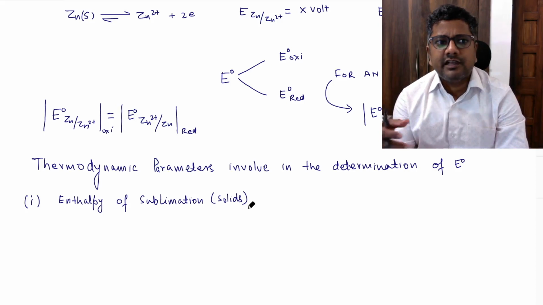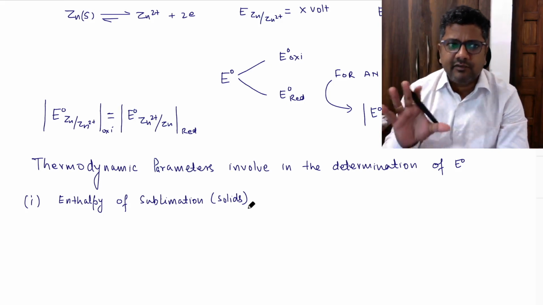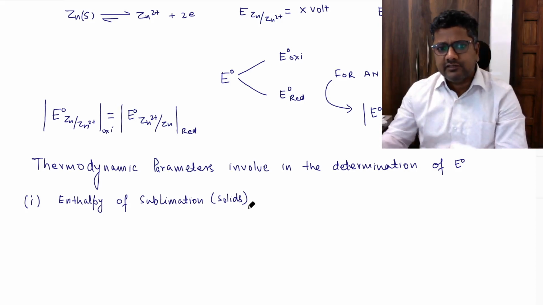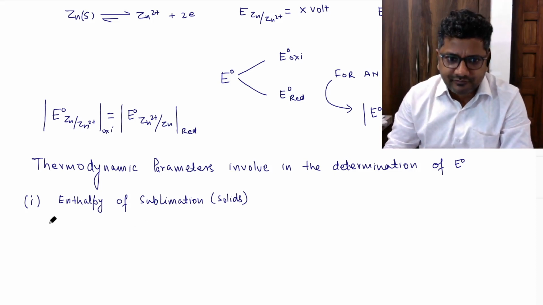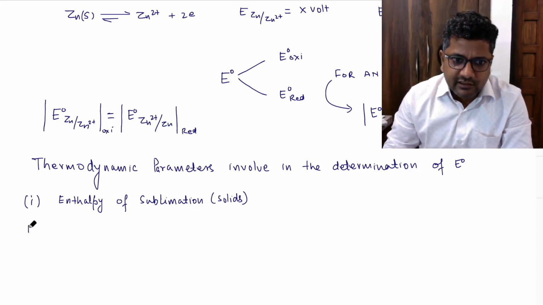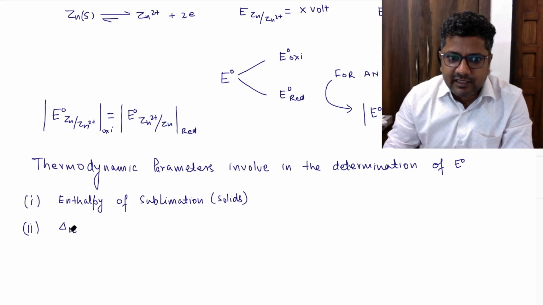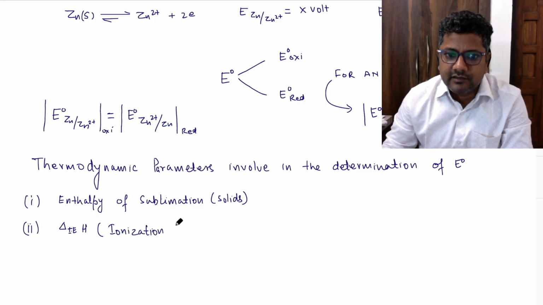For gases it is enthalpy of dissociation, but I am taking solid. On the basis of this you can visualize other things. Sublimation and then ionization enthalpy, delta H ionization. This is called ionization enthalpy, right?